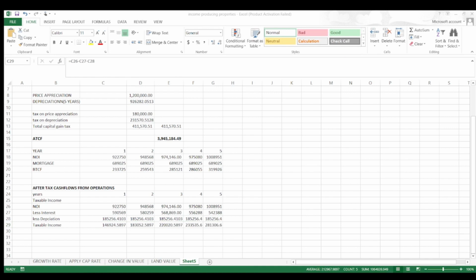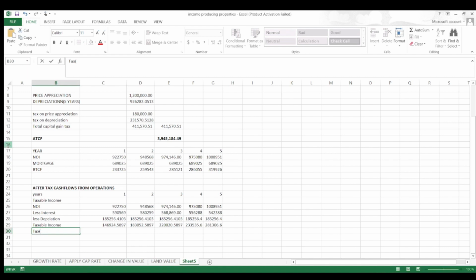Now, once you get your taxable income, you need to calculate the tax, which in this case, you are told that the tax on income is 36%. So you need to note the tax on income is different from the tax on capital gain.